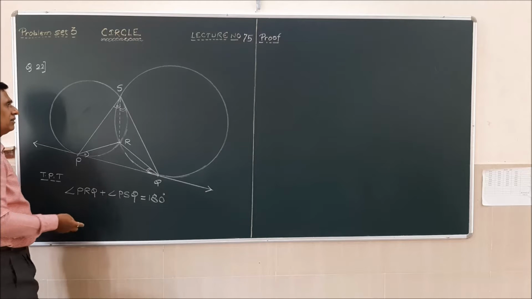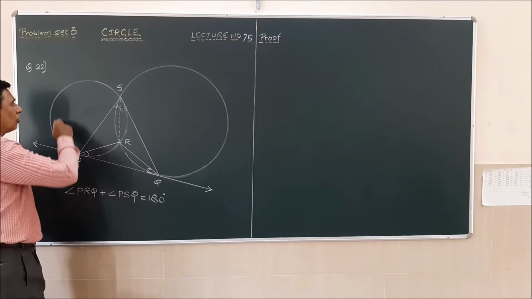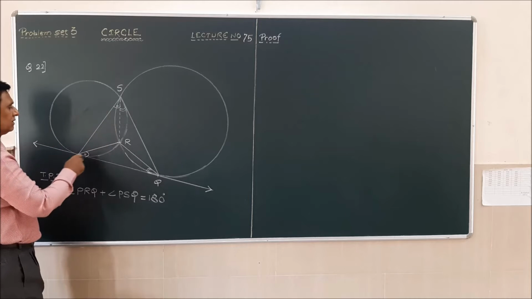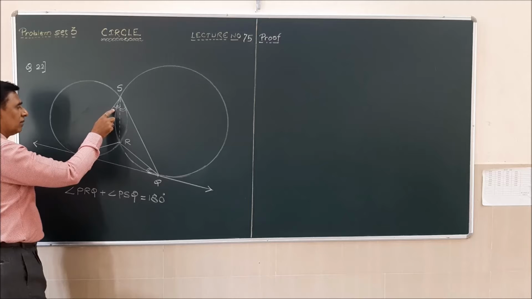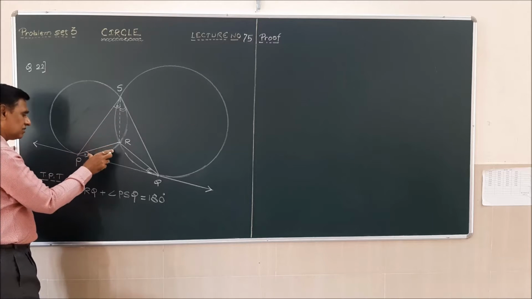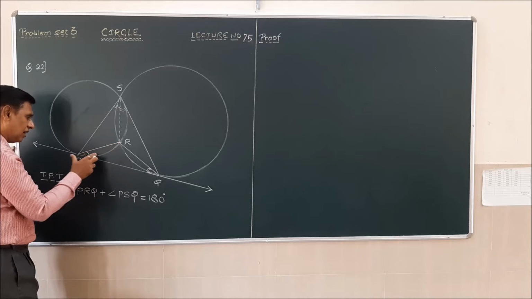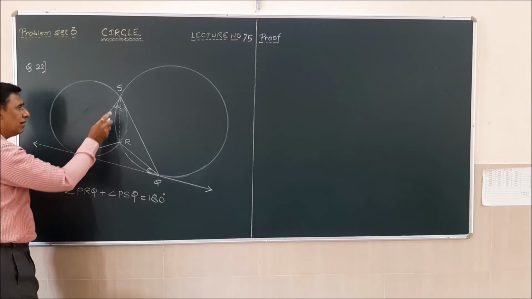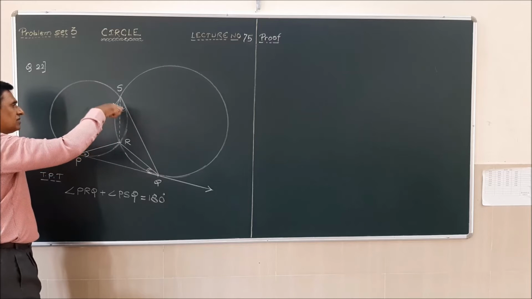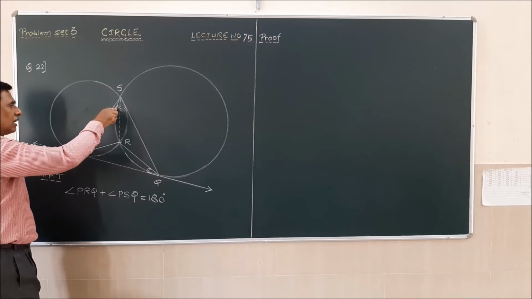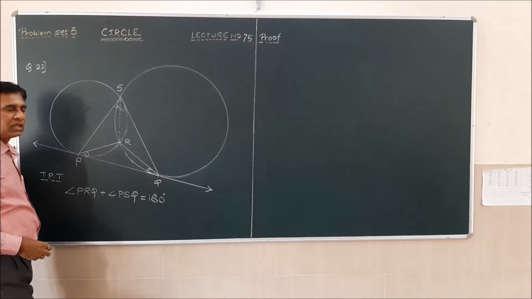In the same way, you will find for this smaller circle, angle PSR, I am talking about this angle, that is also equal to half arc PR. Why? Because the vertex of the angle is on this circle, so this is an inscribed angle.